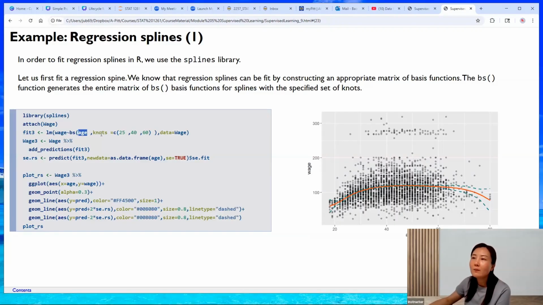We only have one variable, and let's just choose some knots by ourselves. We observe the data and we think, okay, we need a knot at 25 and then 40 and 60. This region does not have a lot of observations, so probably 60 is good. So three knots. And then we do the prediction and calculate results. So the curve looks like this.